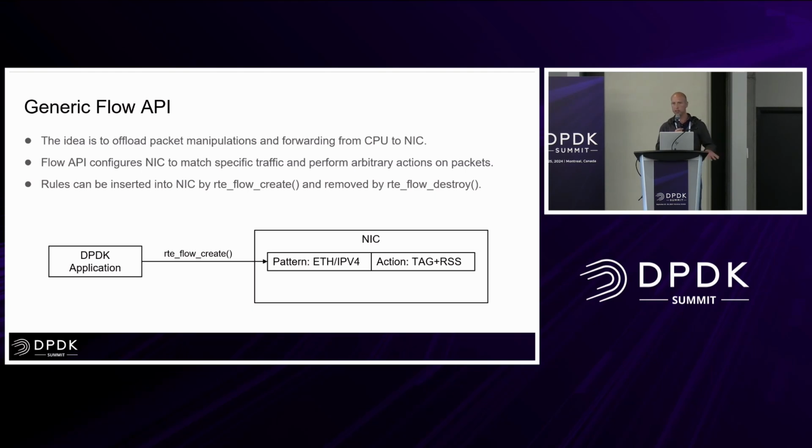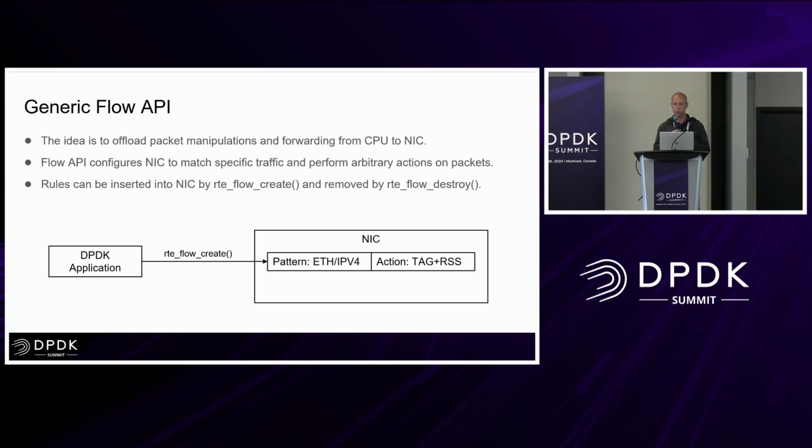There are multiple other details, such as attributes: is it going to be on the NIC domain, the TX domain, or the FDB domain? And the priority: you can stack the flow rules in the hardware according to your application needs and assign priorities to them.